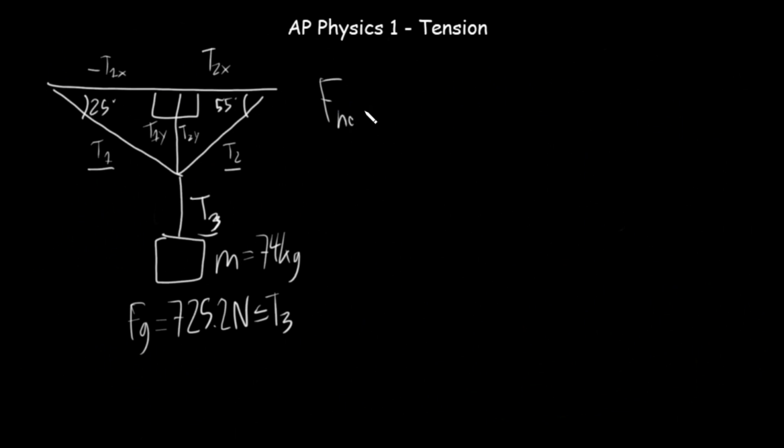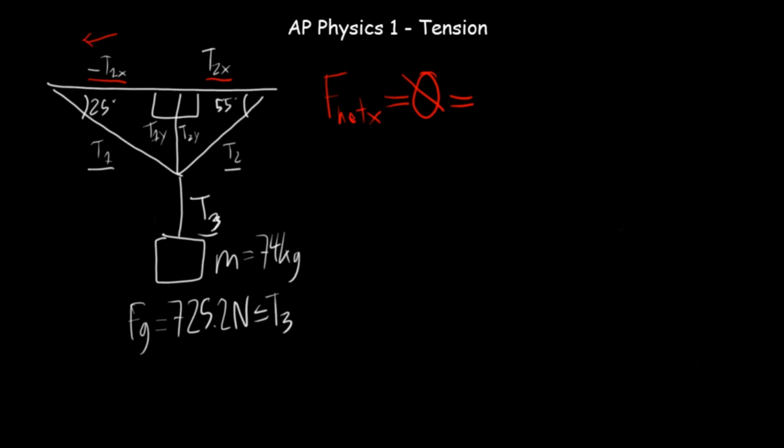First off, we know there's a net force in the x direction. Hold on, let me color code this actually. We have x directional forces over here. So let's do that first. And we know it's 0 because it's not moving. By the way, the reason this T1x is negative is because it's going to the left.